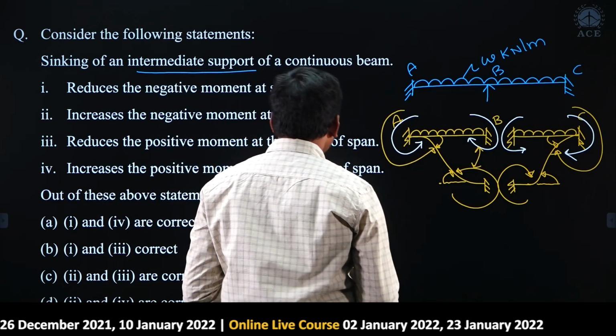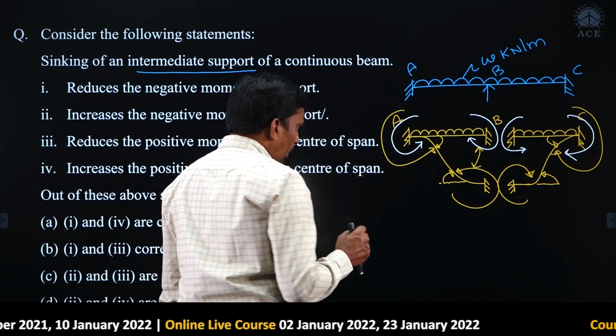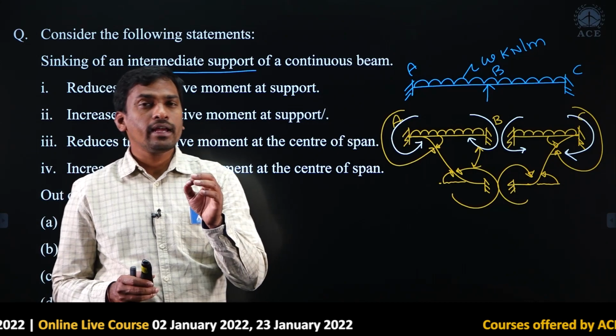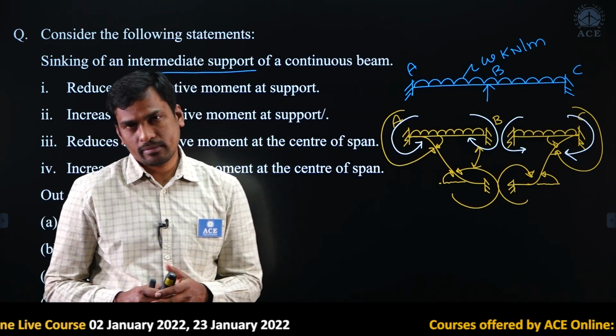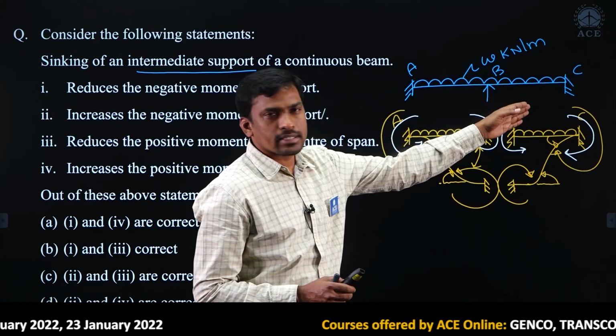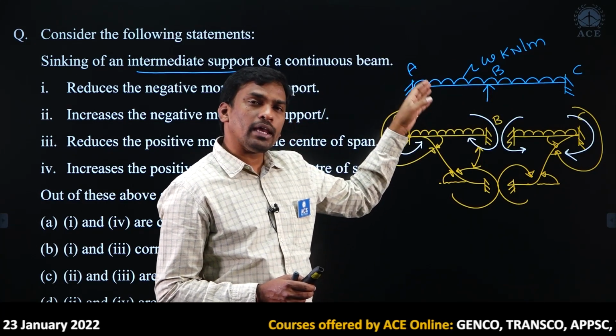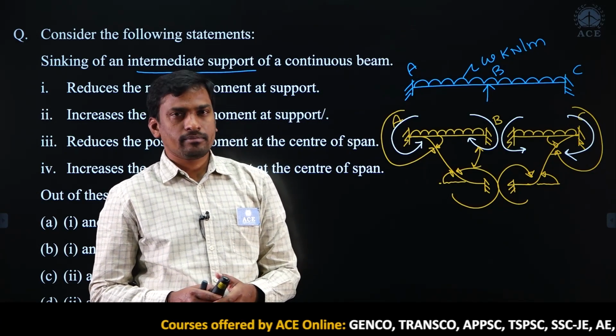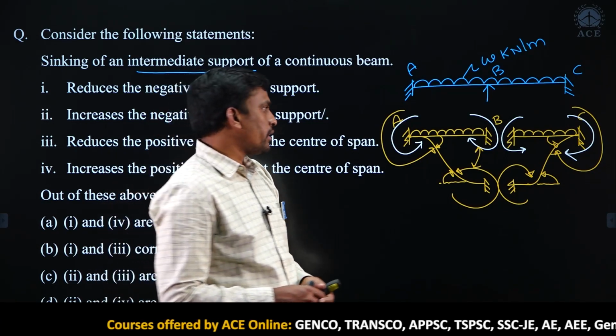So first one here students, and one more point, at the intermediate support we will get the hogging bending moment, and in center of span AB and BC we will get the sagging bending moment. Okay, right.